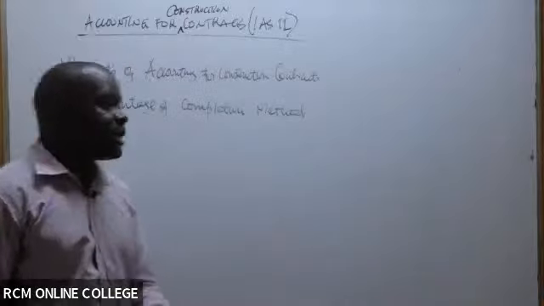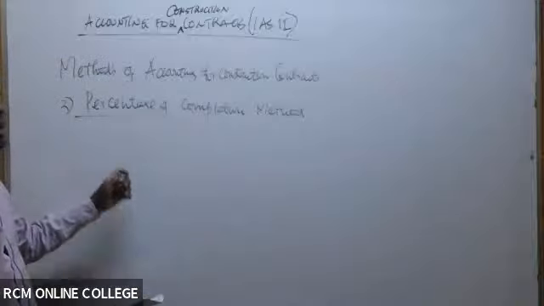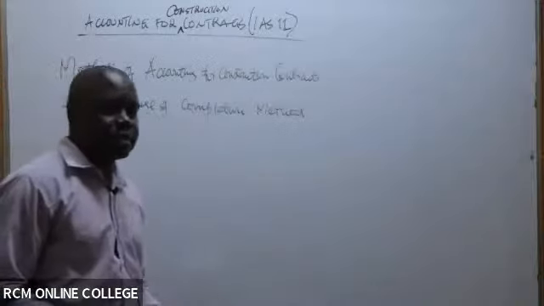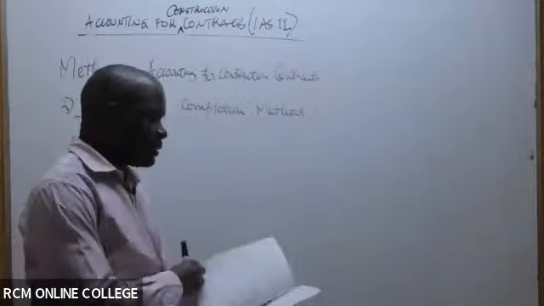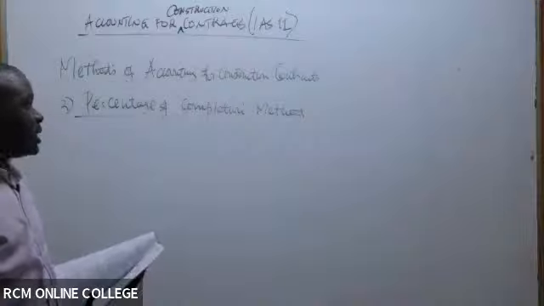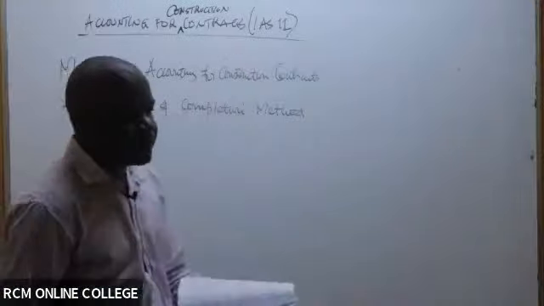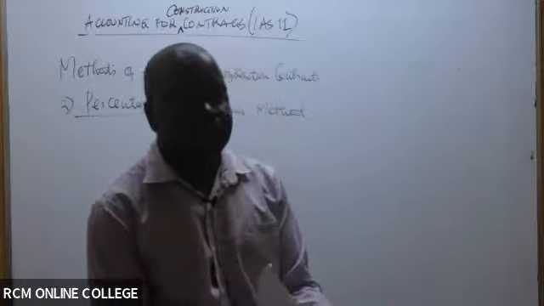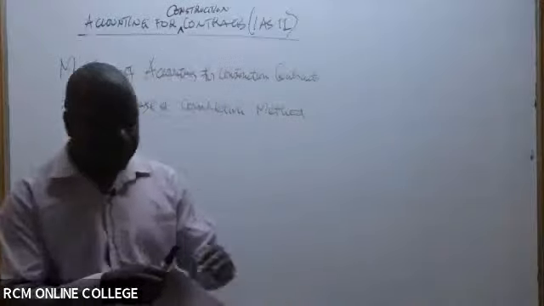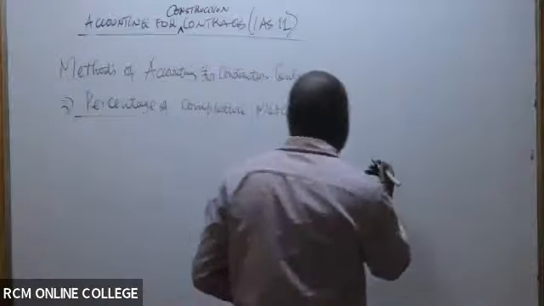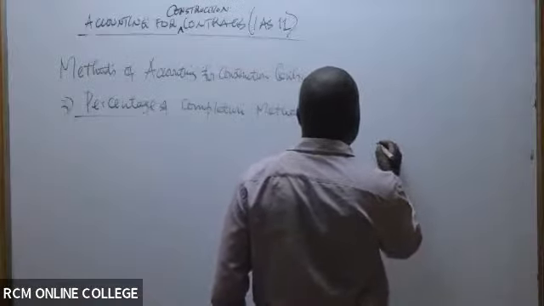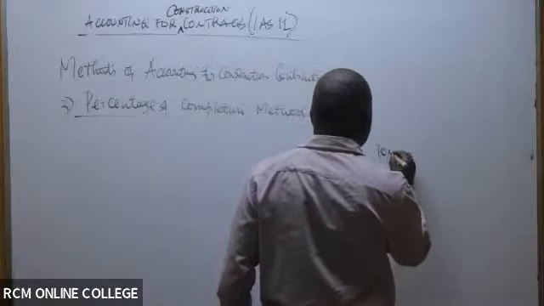To know the percentage of work you've completed, you can, for example, already know the total costs. The total cost to undertake construction of this road will be, let's say, 10 million.